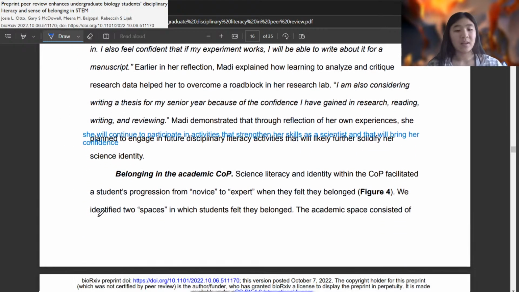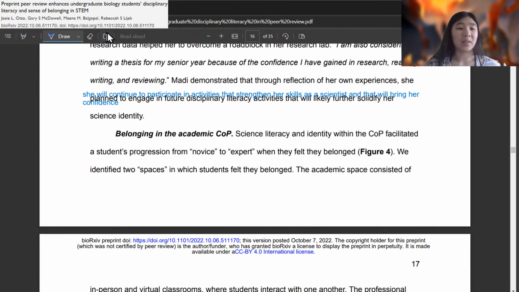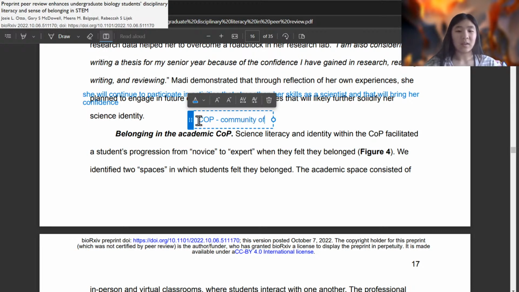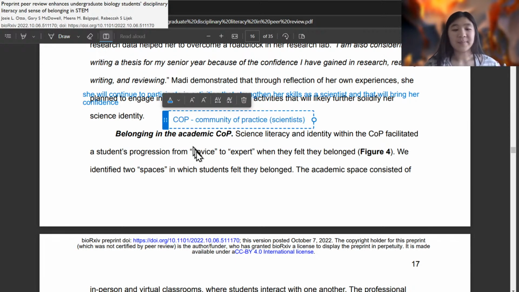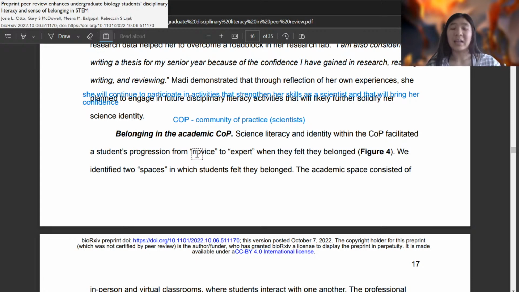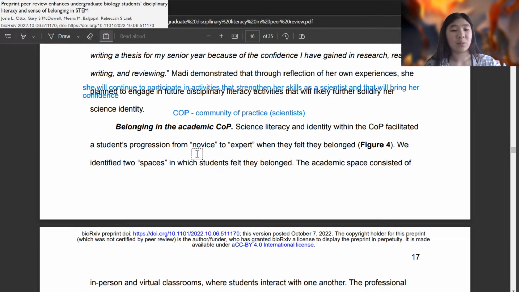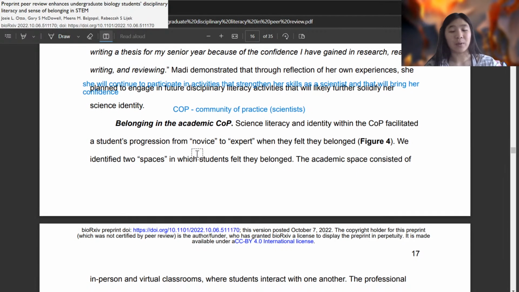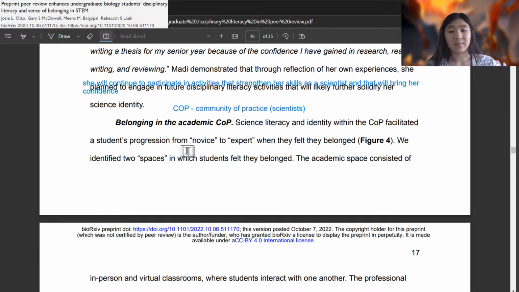Okay. So belonging in the academic community of practice. So COP is community of practice, aka community of scientists. So science literacy and identity within the community of practice facilitated a student's progression from novice to expert when they felt like they belonged.